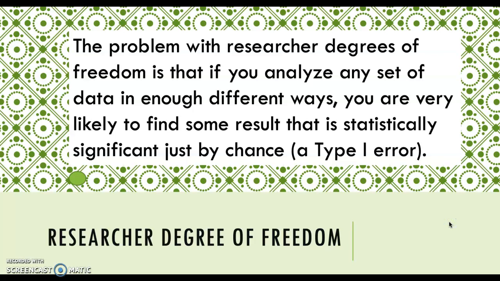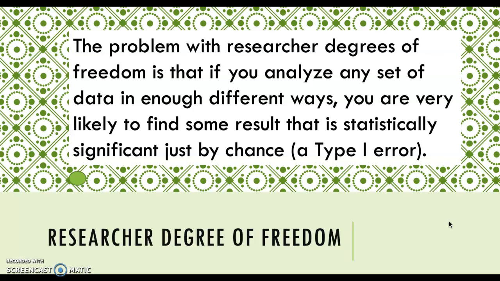Researchers' degrees of freedom. It has also become clear in recent years that the problems of type 1 errors and publication bias are compounded by several fairly common research practices. Researcher Joseph Simmons and his colleagues have discussed what they call researcher degrees of freedom.